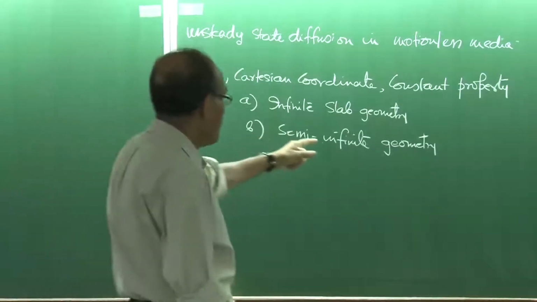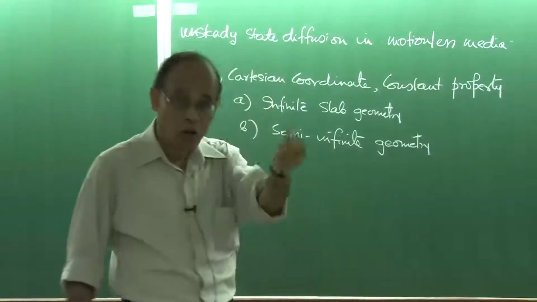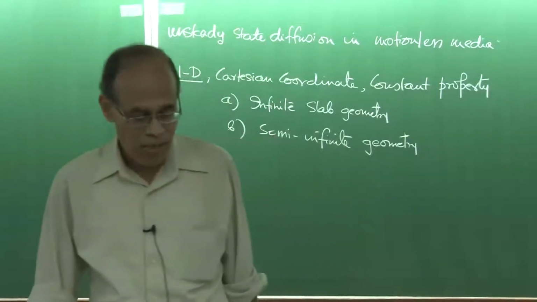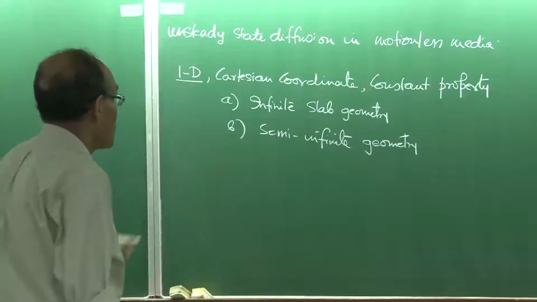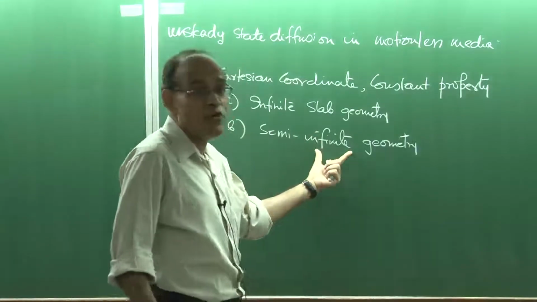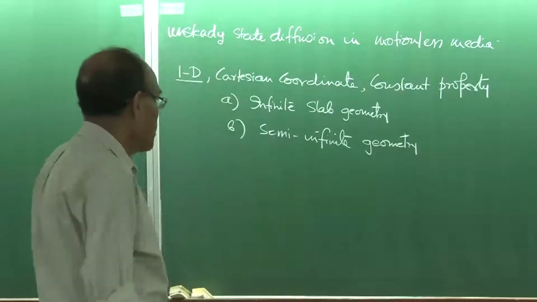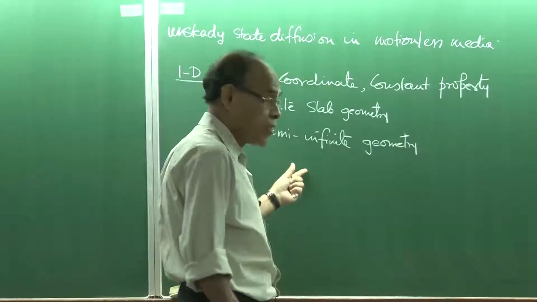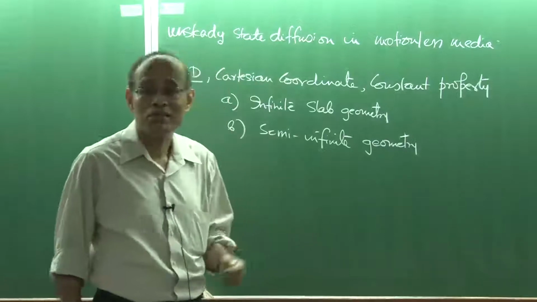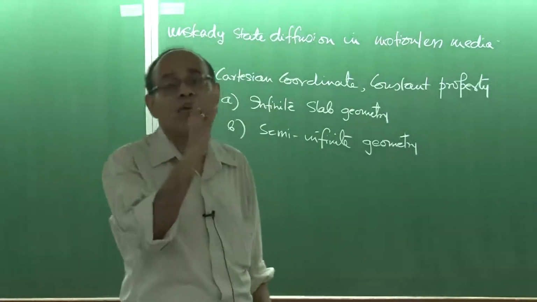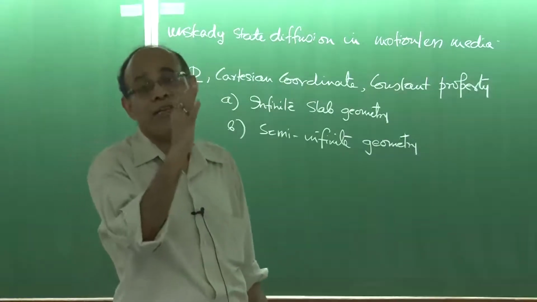Similarly, for the semi-infinite geometry heat conduction problem, recall whatever I have taught in heat conduction. I have shown that the solution can be given in terms of the error function, and these are subject to the condition that the boundary concentration or boundary temperature is fixed.